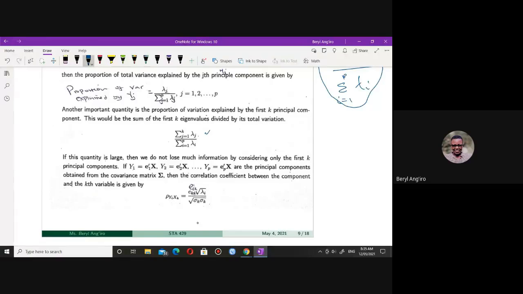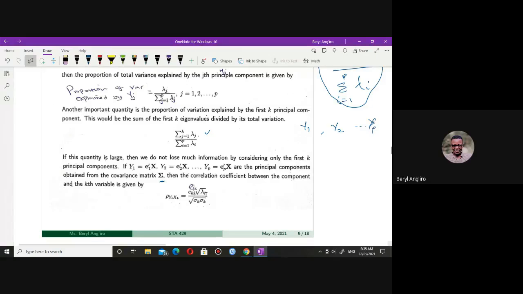So if y1, y2 up to yp are the principal components obtained from the covariance matrix sigma, we can obtain p principal components according to the number of eigenvalues.